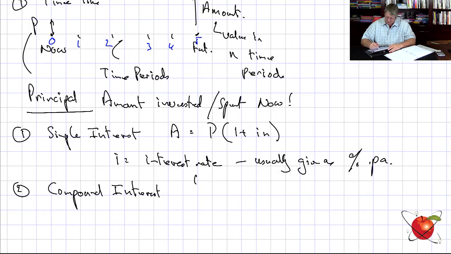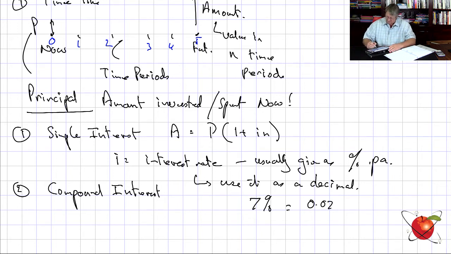And it's an interest rate. In the formula, we use it as a decimal. In other words, 7% is actually 0.07. We divide it by 100 to get it to the decimal.